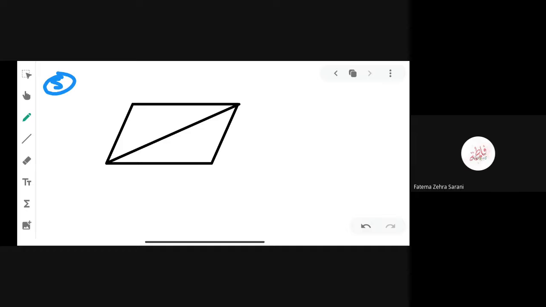See here. It is given 112 degrees, it is given 40 degrees, it is angle y, it is angle x, and it is angle z.